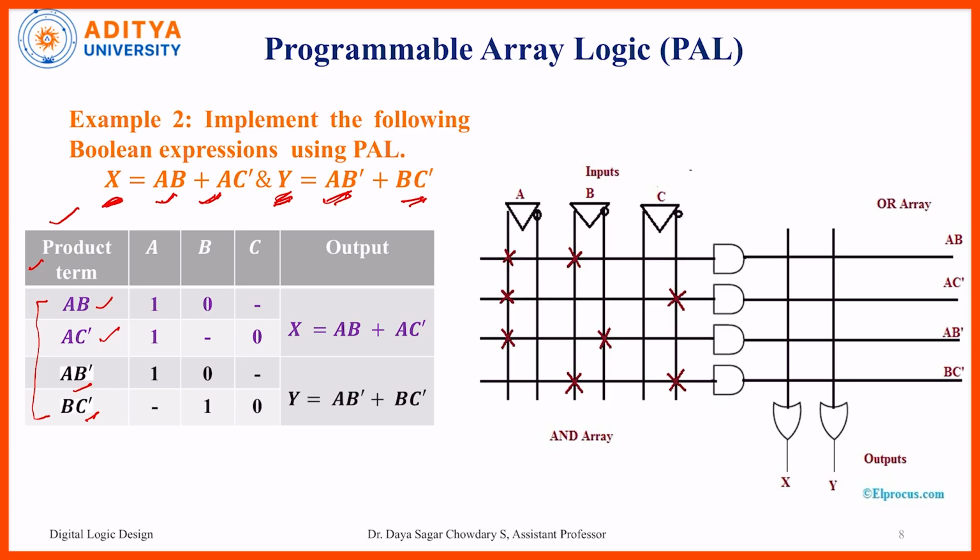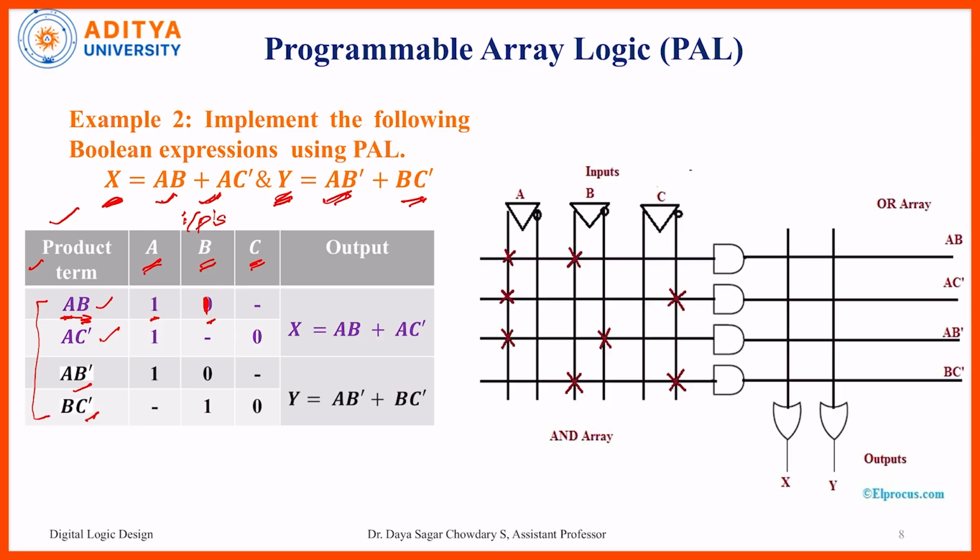Now we have to use the inputs. Each of these terms contains A, B, C literals, so we have to represent the input terms A, B, C. Now we check the term, that is AB. If the A term is there, we represent it with 1, and B is also 1, so this is not 0, this is 1.